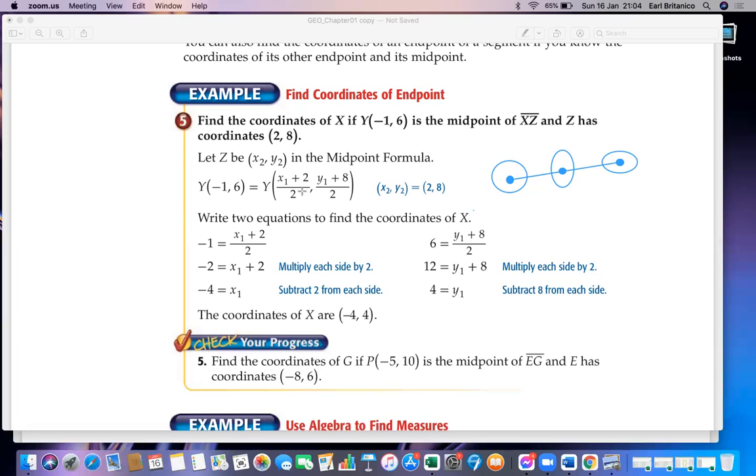We cannot solve it like this, so we're going to separate our x and our y.